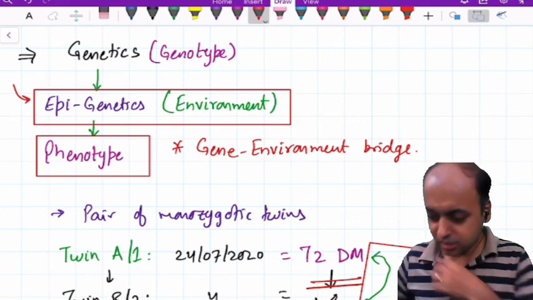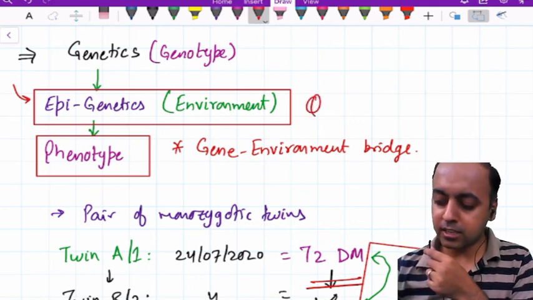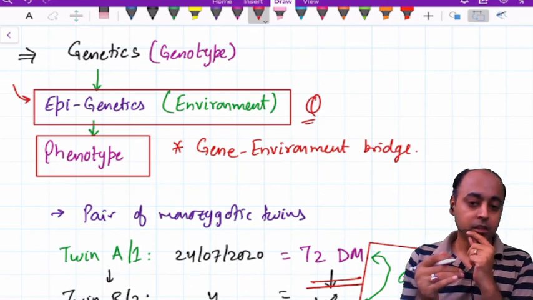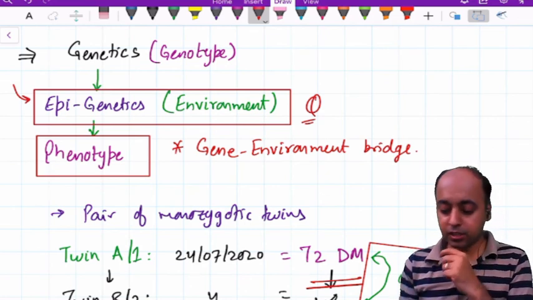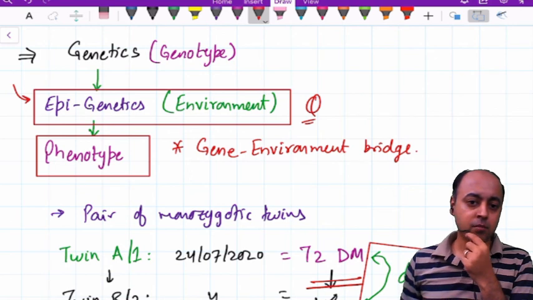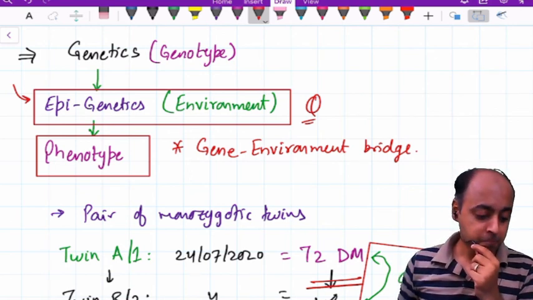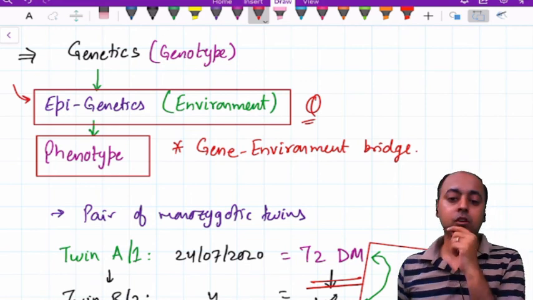So epigenetics is a very important topic. In the last 5-6 years, we have seen in most of the universities very frequently the question has come on epigenetics. Alright.